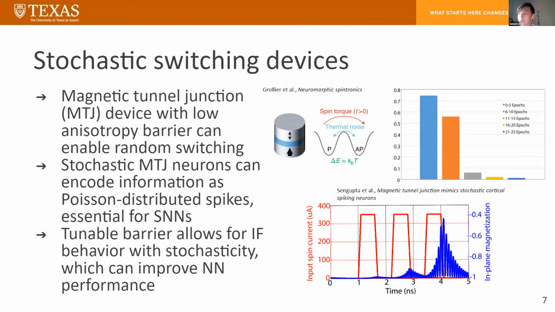And in Sengupta et al., they go one step further and show the leaky integrate and fire behavior of a stochastic MTJ, which is in the bottom figure there. This noisy switching speeds up the training of the network, and so from the graph in the top right, you can see that it actually trains quite quickly. So the error starts minimizing after about 10 training epochs.